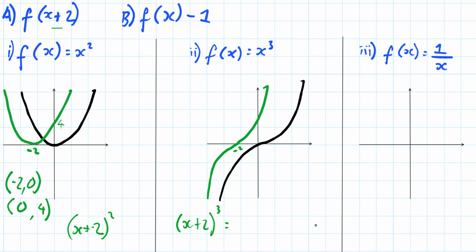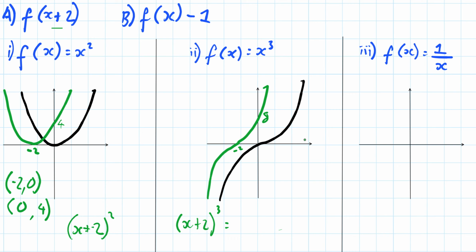Again, expand that all out, and I'm going to be left with a plus 8. Then we take x equals 0, and f(x) is equal to 8. We'll cut the y-axis at 8. You could expand this out, then take your x's to 0, and you see it will cut at 8.